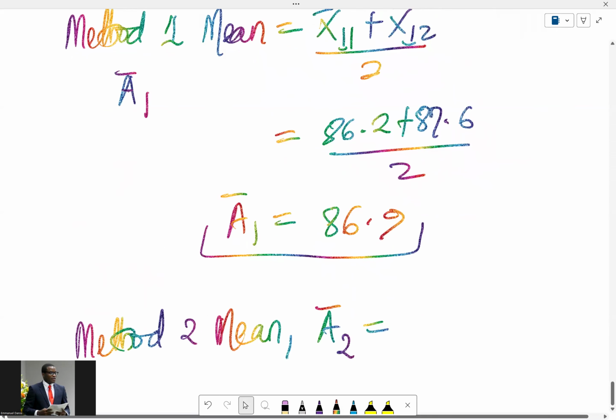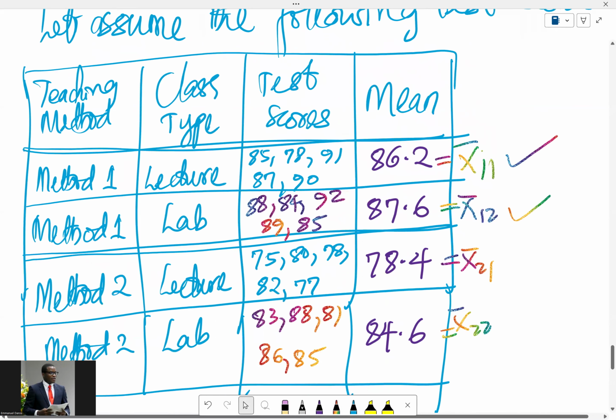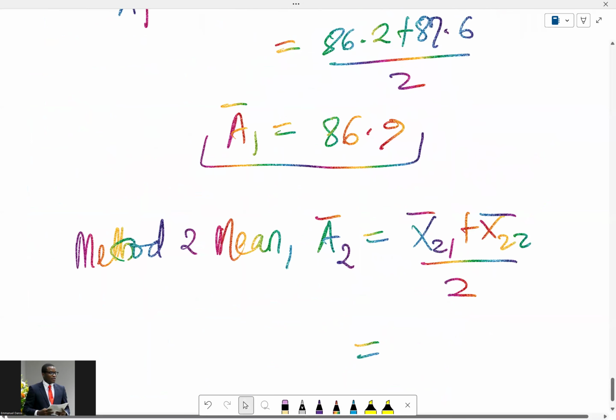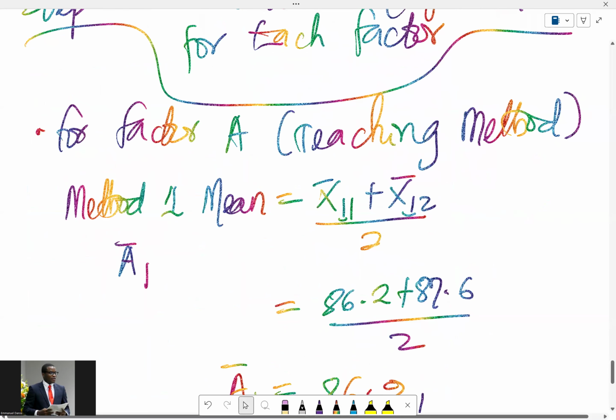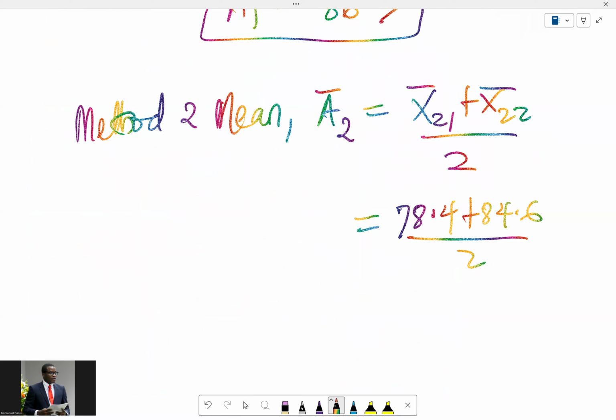That will be X21 bar plus X22 bar divided by 2. I think that should be 81.5, but let's be very sure. That is 78.4 plus 84.6 divided by 2.